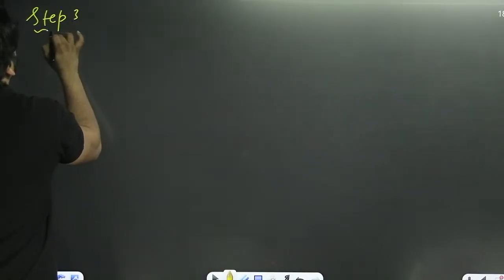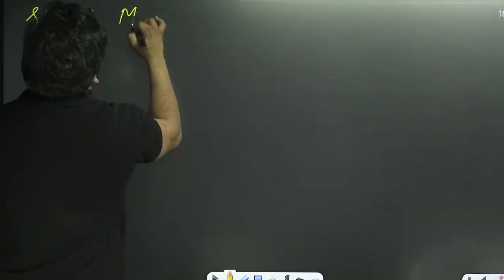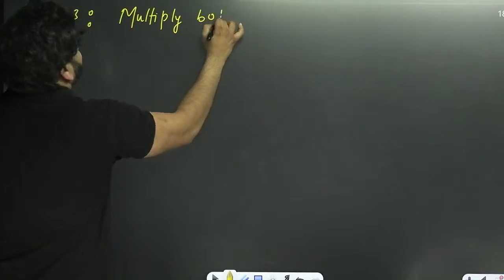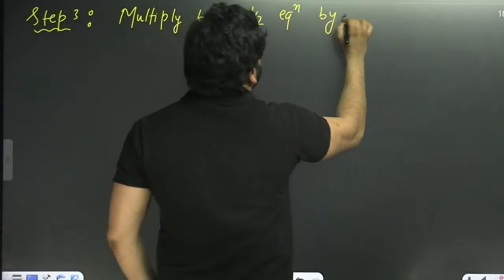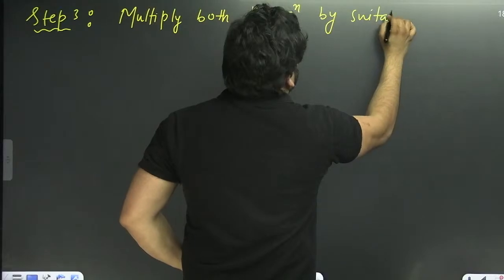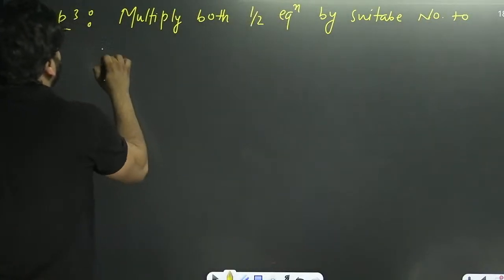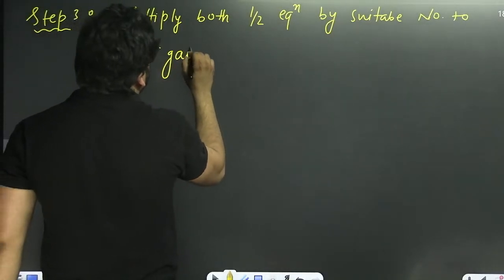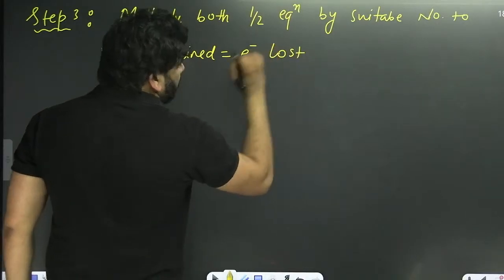Step 3 says: multiply both half equations by suitable numbers to make electrons gained equal to electrons lost.